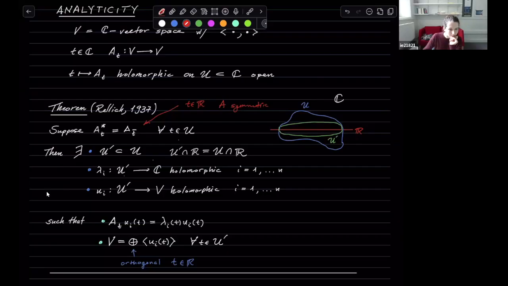There's a question by Alexander in the chat, asking if Rellich stated this for bounded operators in infinite dimension. Right. So, in the part of the paper I'm looking at, he stated it for finite dimensional stuff. I have not read the whole paper.